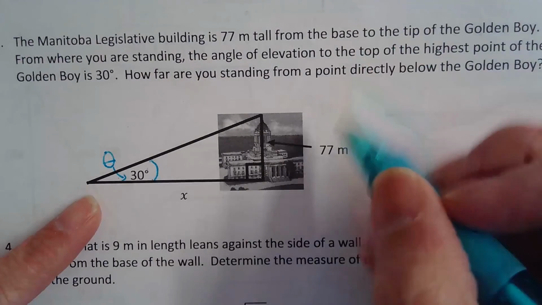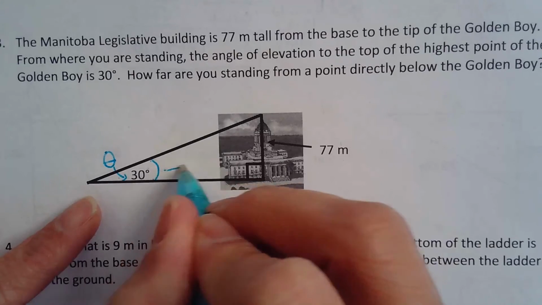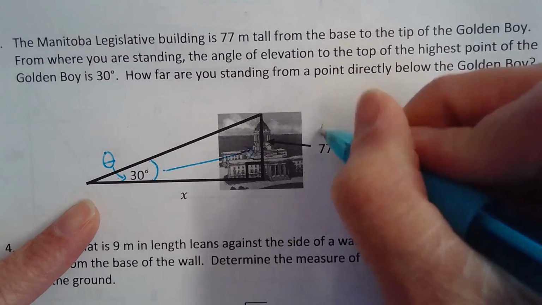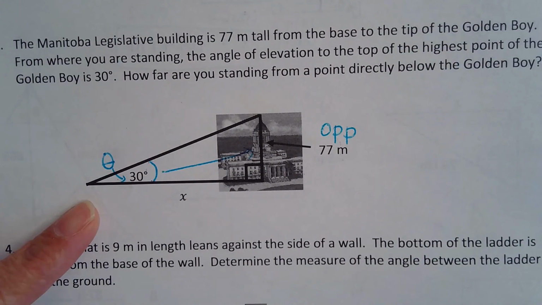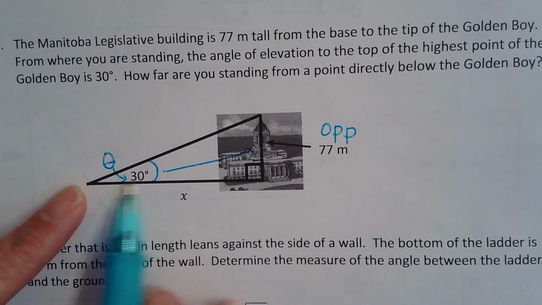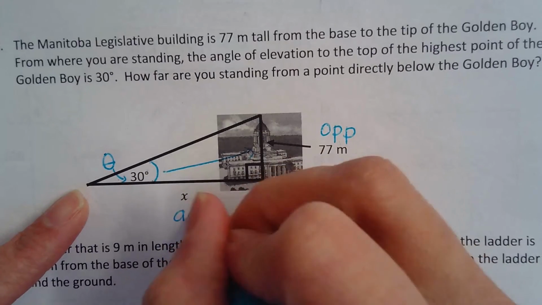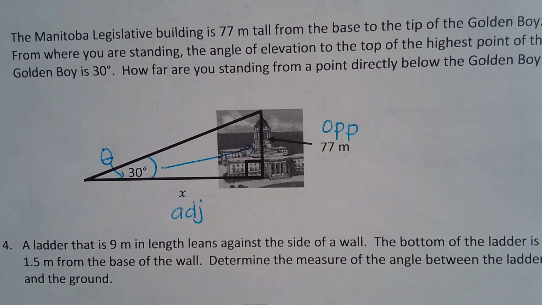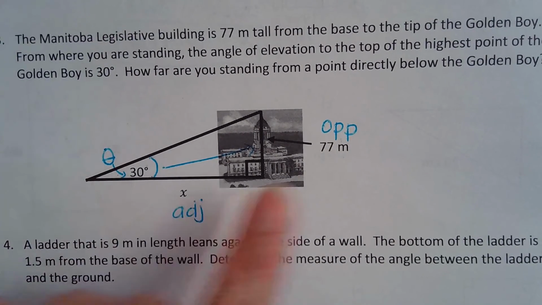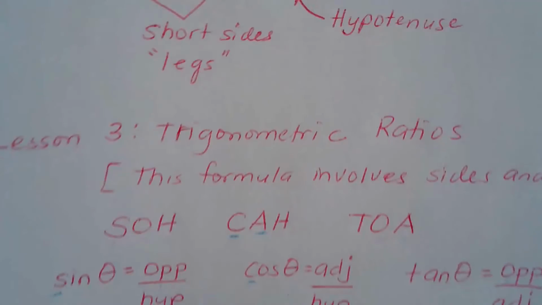The 77 is the opposite, because it's right across. What do you call this side? Adjacent. Now, which trig ratio are we going to use? We have theta, adjacent, and opposite in the same question. So which one is it?